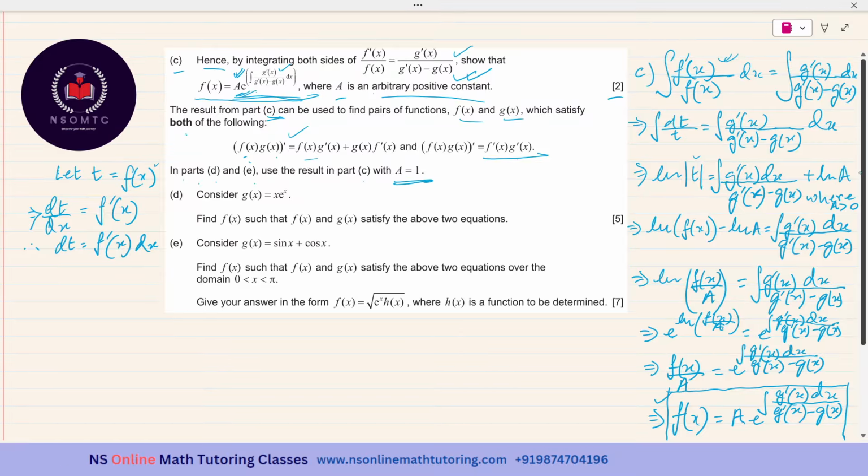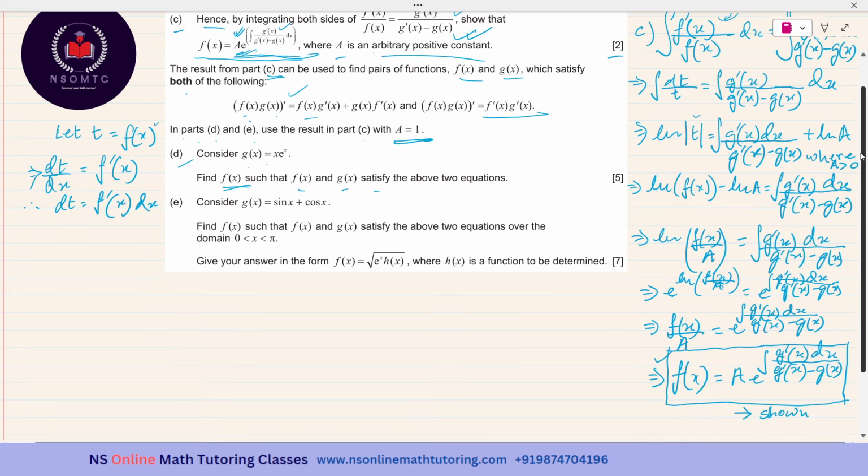Consider now, for subpart D, g of x equal to x times e to the power of x. Find f of x such that f of x and g of x satisfy the above two equations.